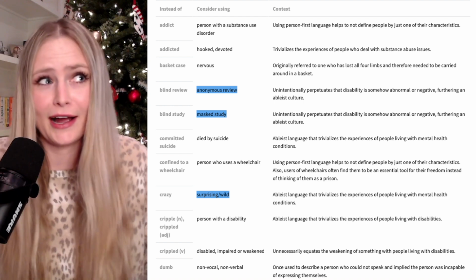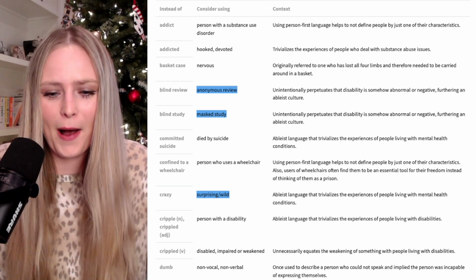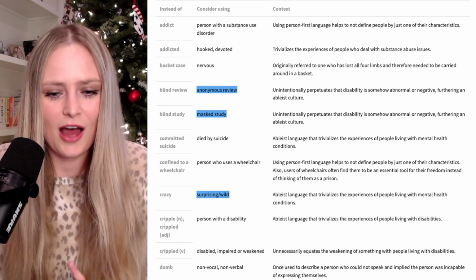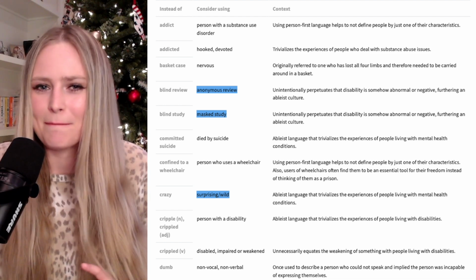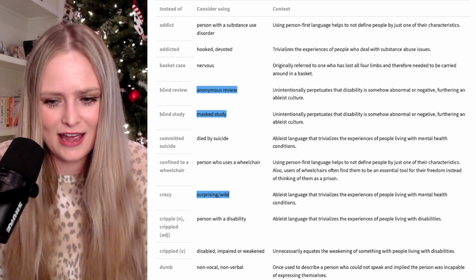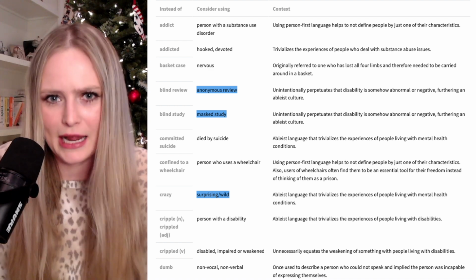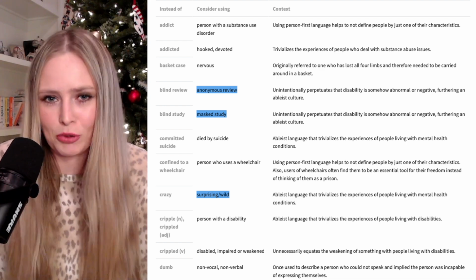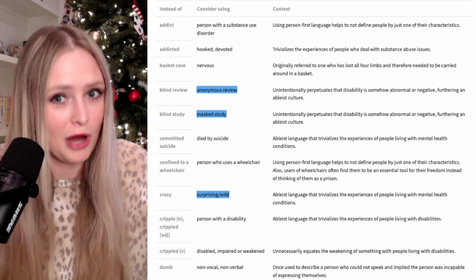I'm not blind. I don't know, but I would be very surprised to learn that. And these people seem to be very obsessed with masks because instead of saying blind study, they want you to say masked study because they can't get enough of their mask. And they give the same exact reasoning about it being an ableist culture. Somehow they think blind people are really, really offended by this terminology, which I do not believe them whatsoever.